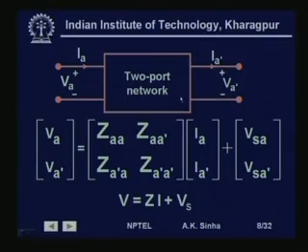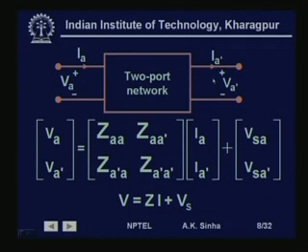So, here I have shown this as a 2 port network where we have IA flowing in on the input side. So, this side we have IA flowing in and VA is the voltage, and this side IA dash going out and VA dash is the voltage.